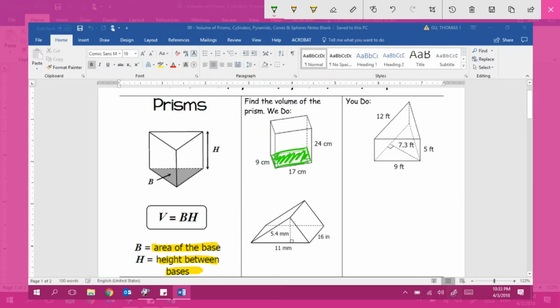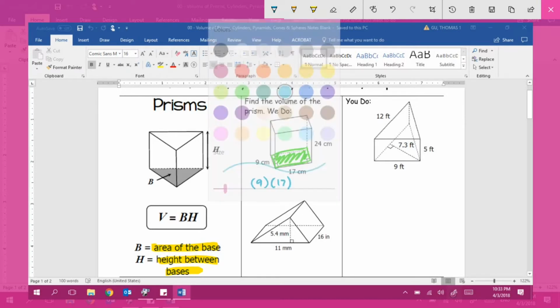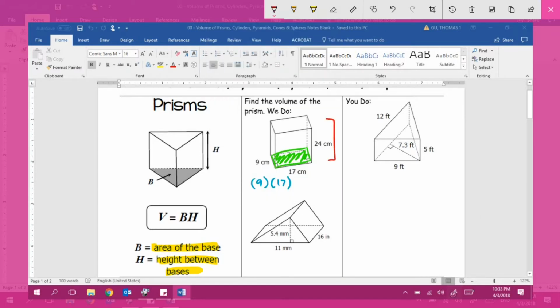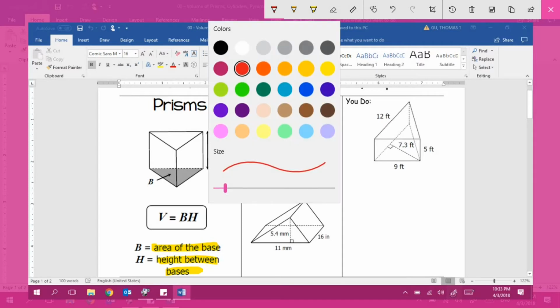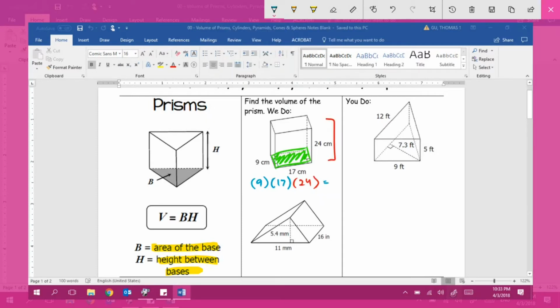All I have to do is 9 times 17, because it's length times width. That's going to be the area, right? And then I multiply it by the height, which is over here, 24. And that would equal my volume. And if you put that in La Calculadora, you would get 3,672.